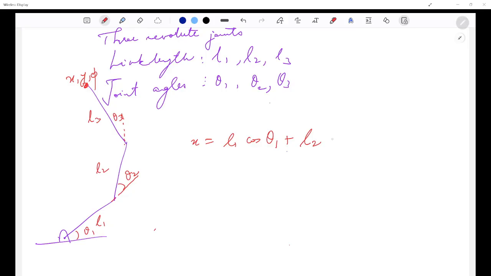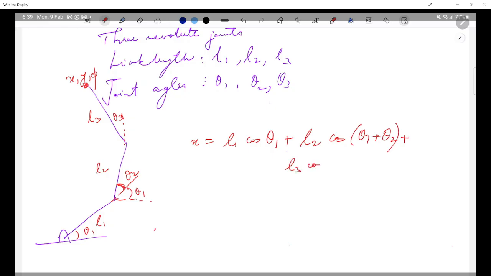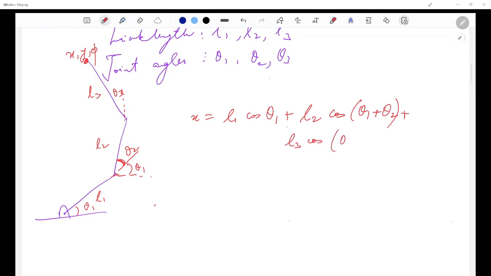That is why I said that we have this angle with respect to the previous link and not with respect to the horizontal. So here we'll have theta 1 plus theta 2. Similarly, for the third link, we'll have L3 cos of theta 1 plus theta 2 plus theta 3.